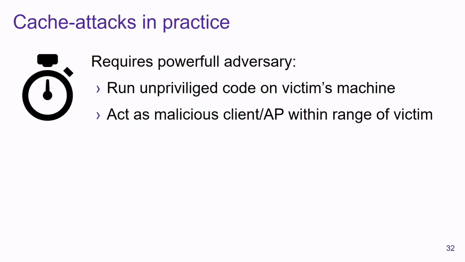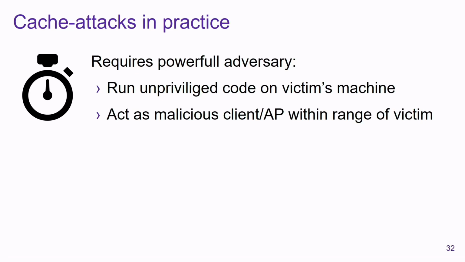What I do want to mention about this attack is that it requires a quite powerful adversary, because in order to perform these cache attacks, you need to be able to run unprivileged code on the machine of the victim. In the case of smartphones, this might be possible by making the victim install some kind of application.